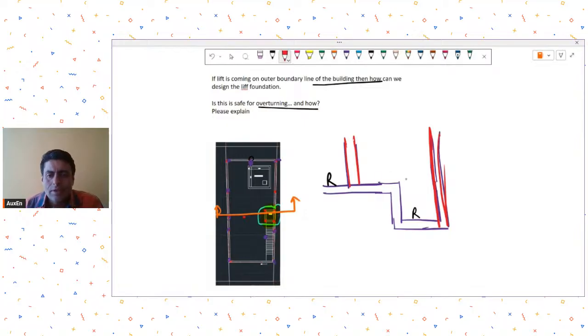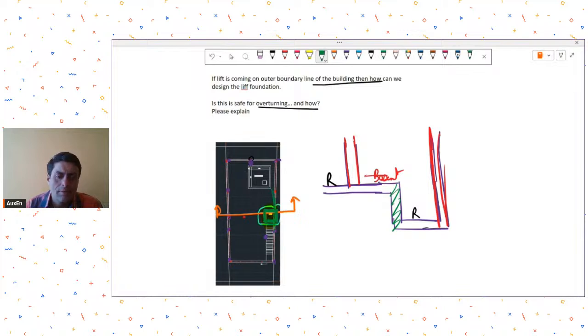Of course, we are assuming that this is being used as a basement. So this becomes your situation, and therefore you will have to provide, let's say, deep beams like this all around the periphery of the lift pit.